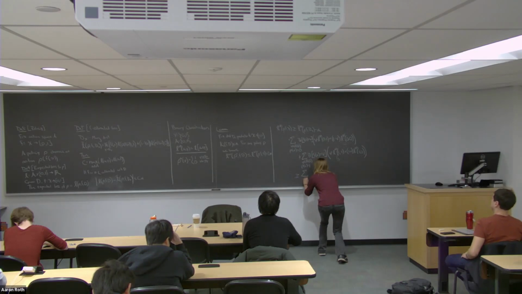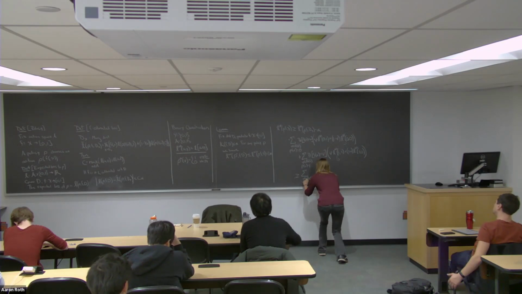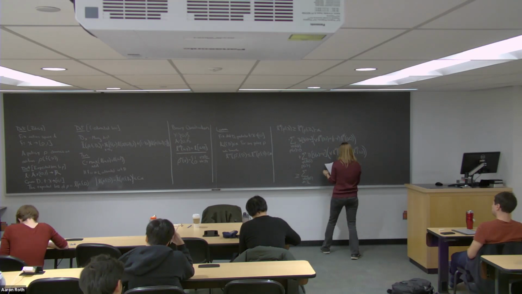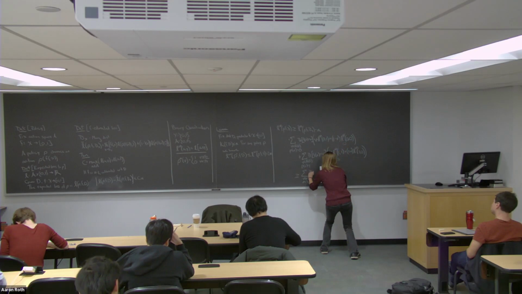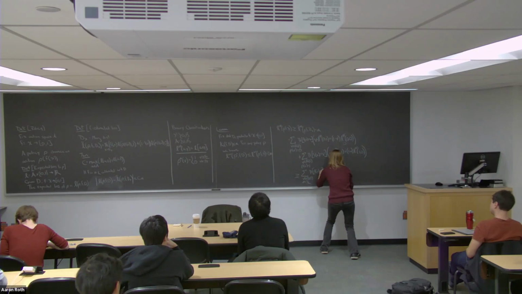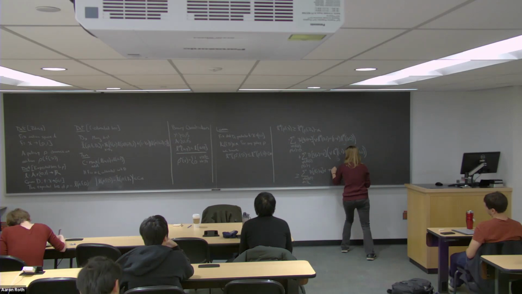So if instead we break these two sums into cases where V is less than 1/2, we get this contribution to the loss, and then we sum over the rest.